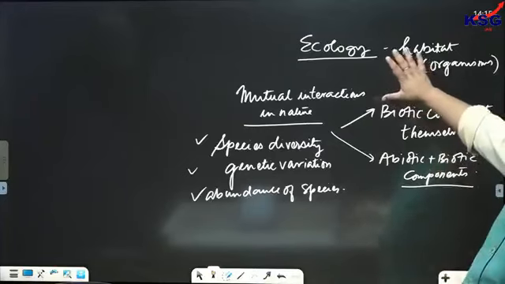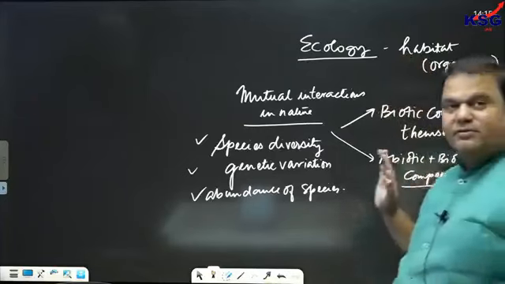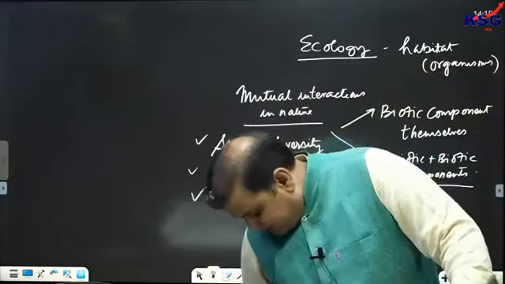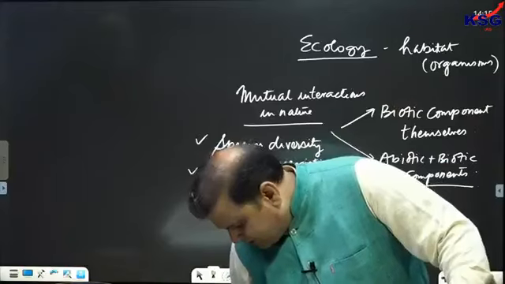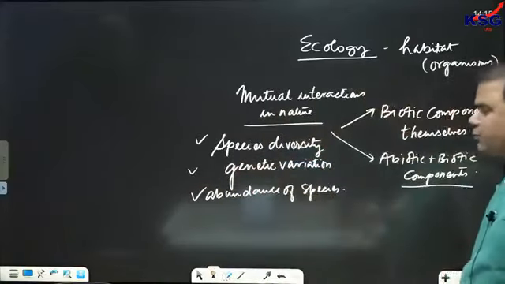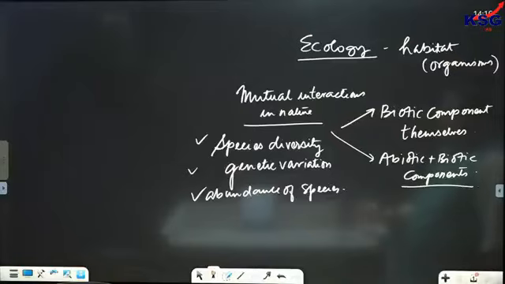So ecology is a term which is used for all these things. Not only the study of habitat in which an organism lives, that won't be only considered as ecology. So it is this that would be considered as ecology. Fine.